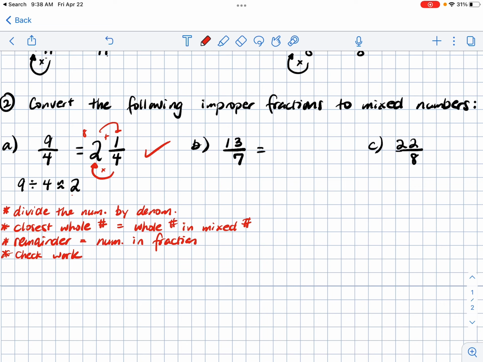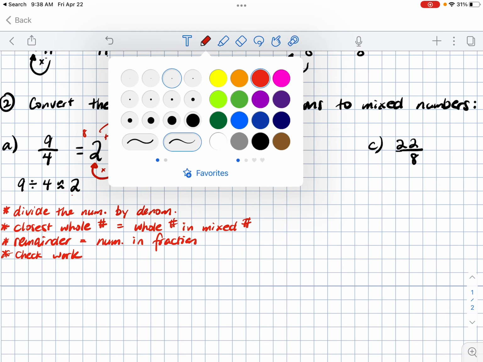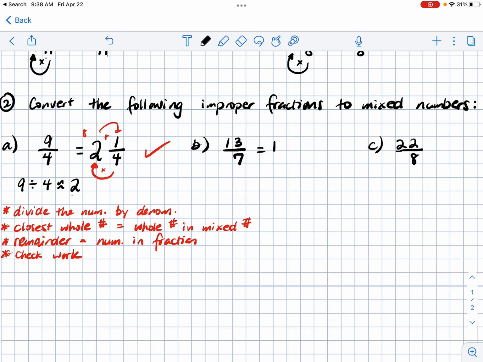So we've got 13 over 7 and 22 over 8. So again, I'm thinking to myself, how many times approximately is 13 divided by 7 without going over? What's the closest whole number we can get to? The closest whole number is going to be 1 because 1 times 7 is 7. Now, what's the remainder? Well, the remainder is how much more we need to get to 13.